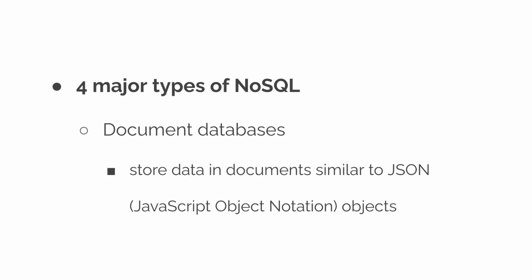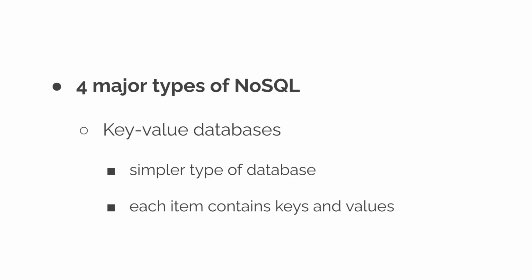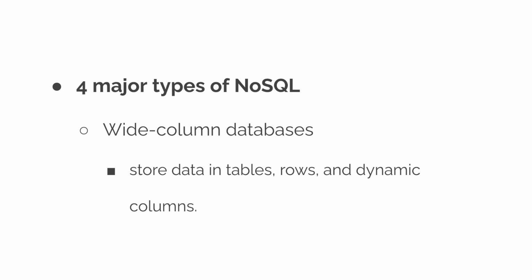There are four major types of NoSQL databases. Number one is the document database, which stores data in documents like a JSON object. The second major type of NoSQL database is the key value database. This is a simple type that contains keys and values for each of its objects.